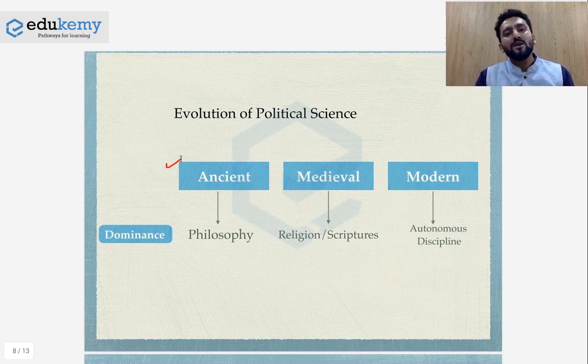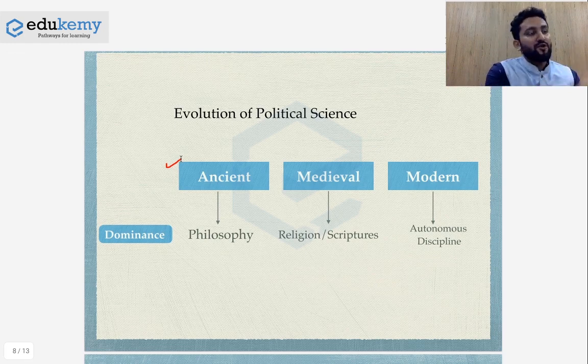Philosophers were the people who gave the concept of justice. Okay, this is the concept of justice in this state, right? What should be considered as just? What should be considered as good or bad? But when we move to the medieval period, we found that rules were impacted by religion or scriptures.